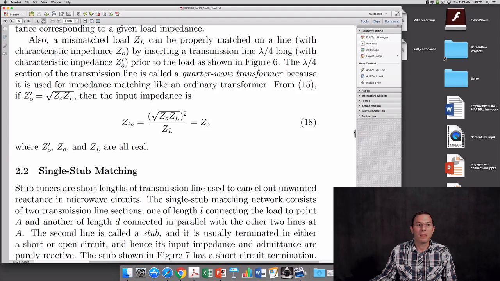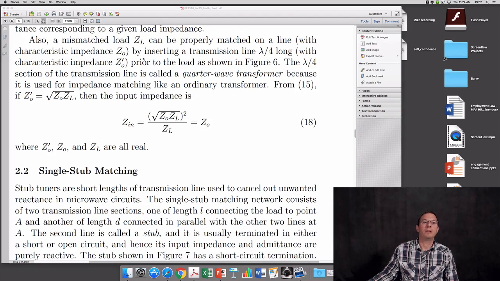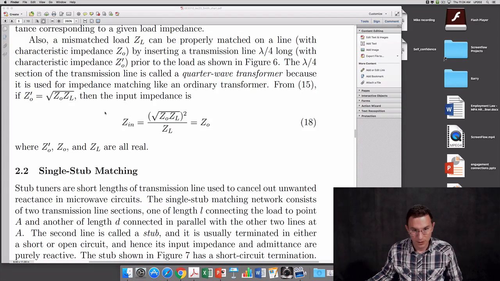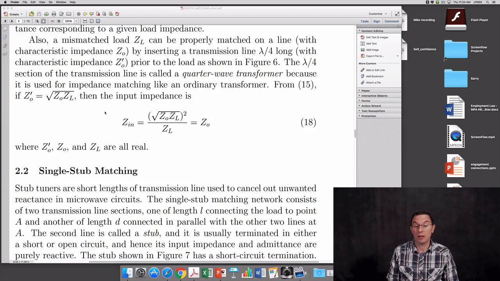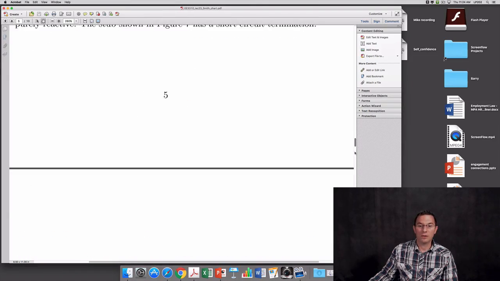However, a mismatched load can also be properly matched on a line that has characteristic impedance Z naught by inserting a transmission line that's quarter wavelength long with a characteristic impedance Z naught prime prior to the load, as shown in figure 6. So let's have a look down here at figure 6.